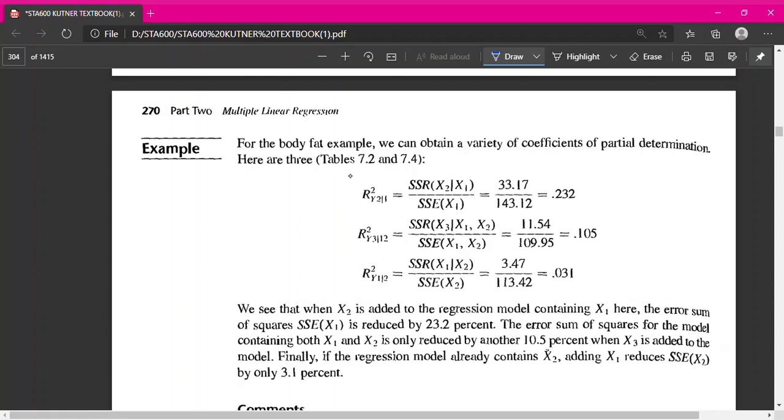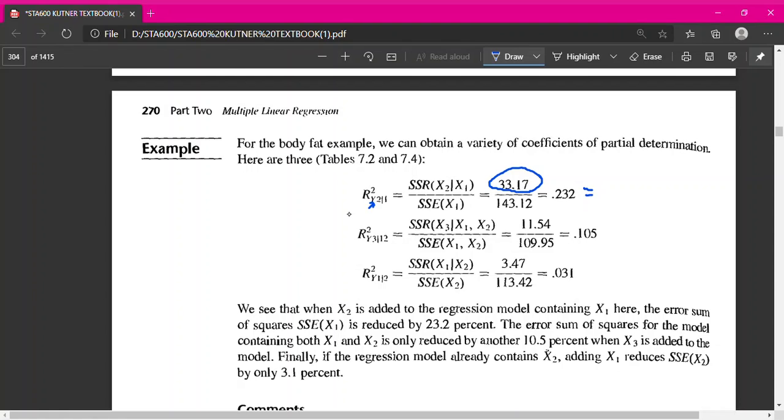Okay, sekarang kita nak cari partial determination of x2 given x1. Kita nak tengok contribution of x2 when x1 is already in the model. So, kena cari extra sum of square x2 given x1 divide dengan SSE x1. Okay, so ini adalah extra sum of square. So, actually, didapat daripada mana?